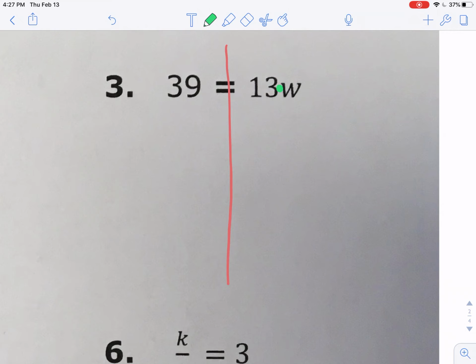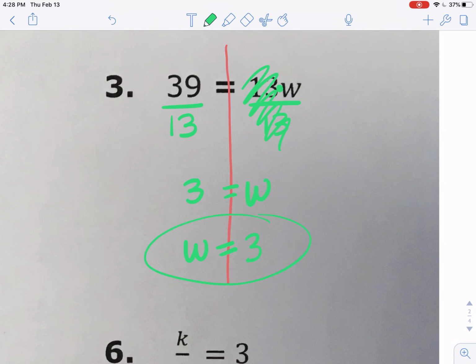We want to do the opposite or the inverse of multiplication, so we're going to divide by 13. And what you do to one side, you have to do to the other side. These 13s go away, and we're left with W equals, and 39 divided by 13 is going to be 3. We don't love when the variable is on the other side, so we're going to put W over here equals 3 like that. That's the way we like to write it.